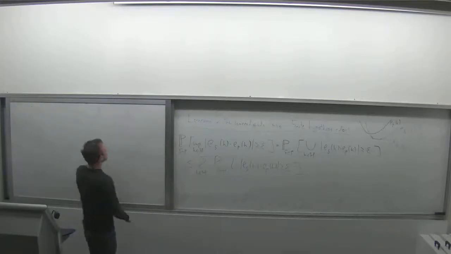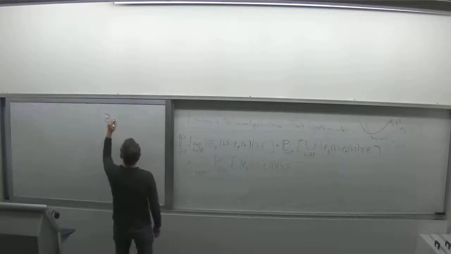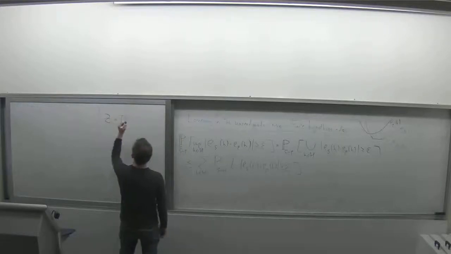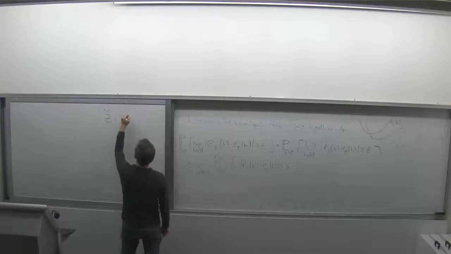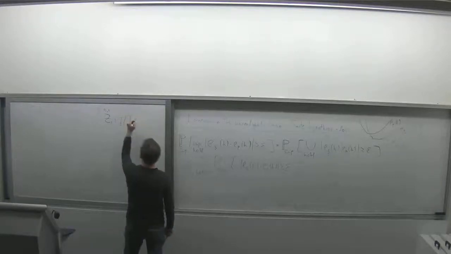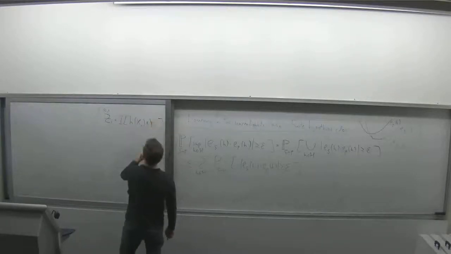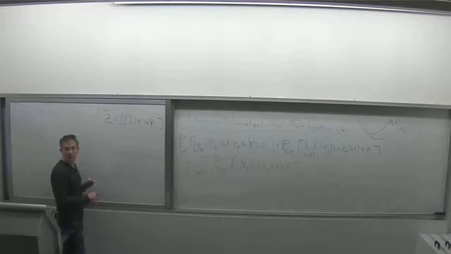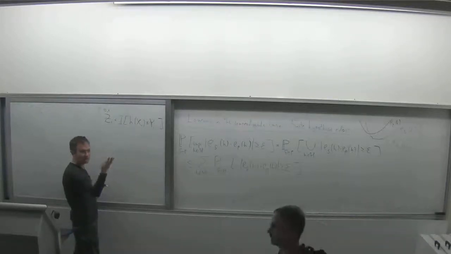I want to define a new random variable V_i, which is a 0,1 variable, such that it looks at whether h(x_i) is not equal to y_i. So x_i and y_i are random variables, the x and the y that you see in the sample.